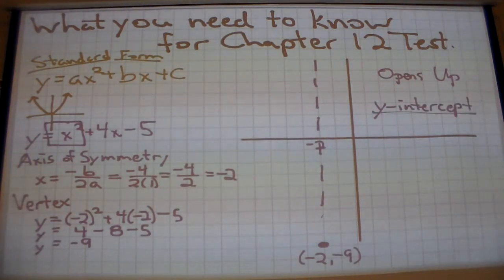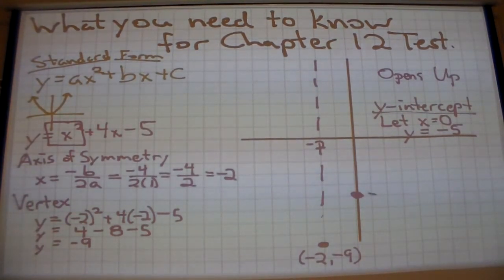For the y-intercept, I'm going to let x equal 0. It turns out to be y equals negative 5. Now the quick way really is to say, if x is 0, that's gone, it's just whatever the constant is on the end. So I go down 5 on the y-axis, and it's right there.